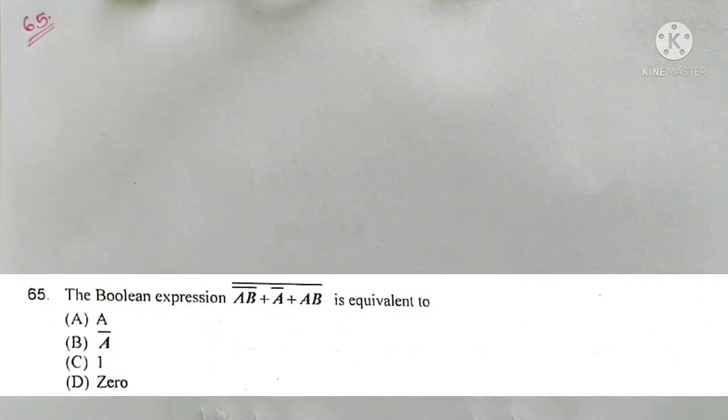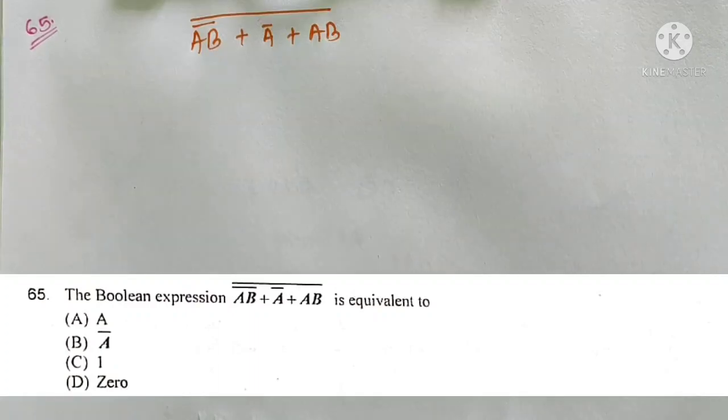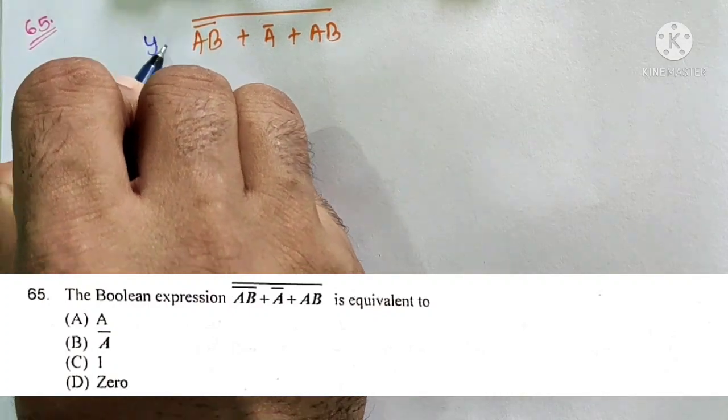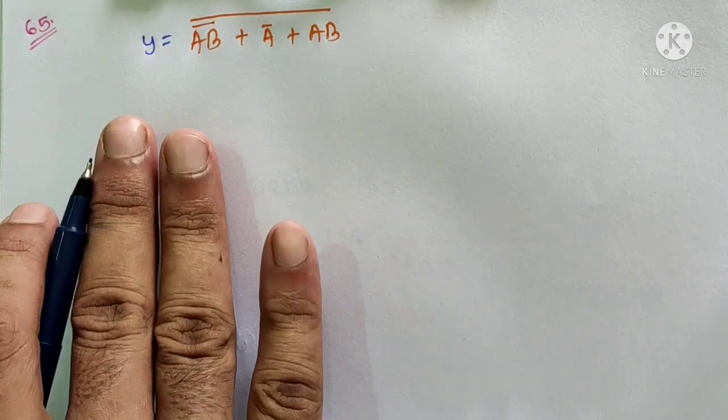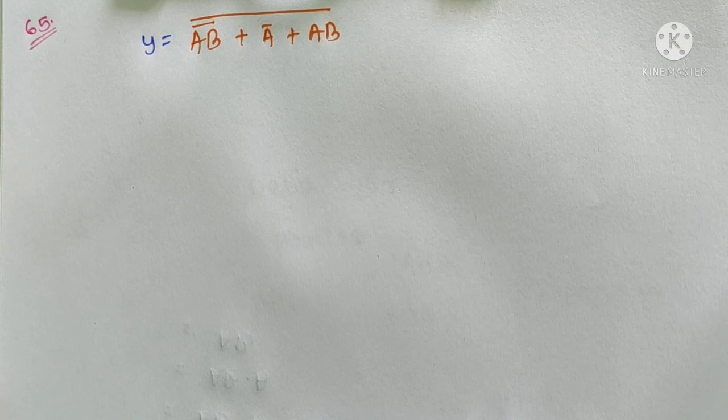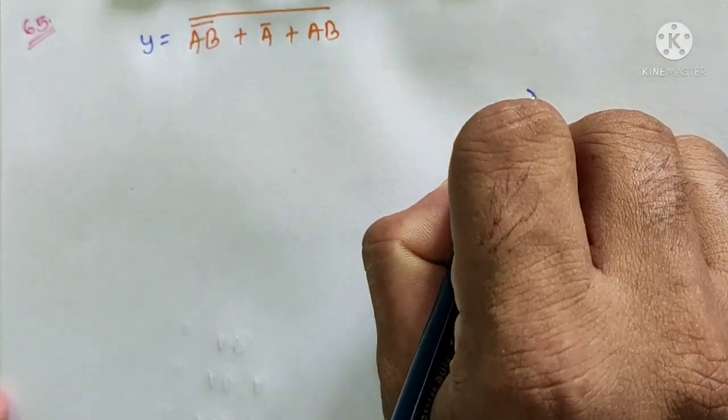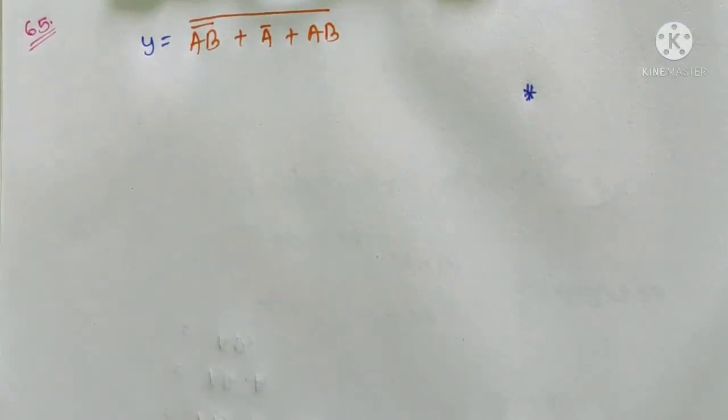Question number 65. The Boolean expression is equivalent to. So we have to simplify this given Boolean expression. Let y equal to this, and the complement of the whole expression is given, so use De Morgan's theorem.